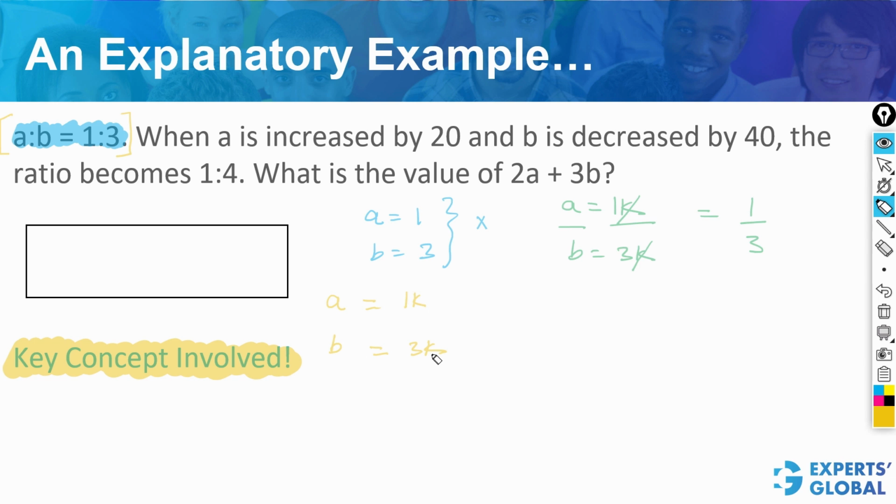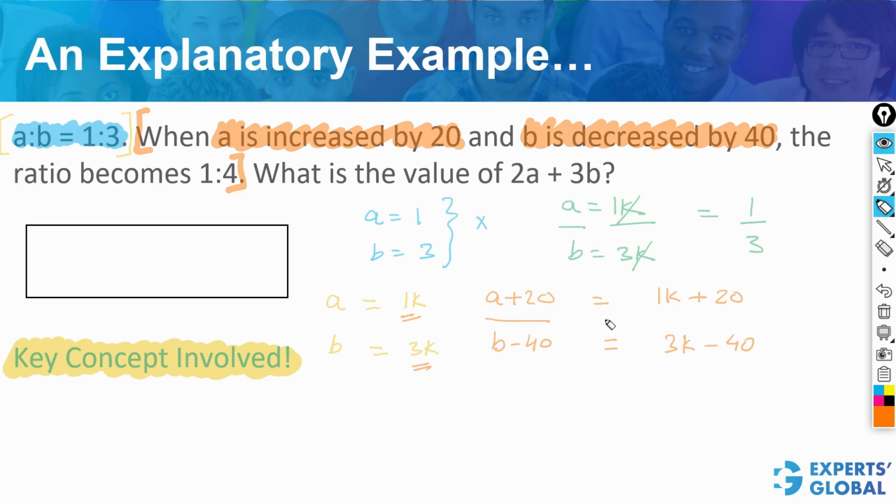Now let's see what's going on here. When A is increased by 20, so A plus 20, which is equal to 1k plus 20, and B is decreased by 40, so B minus 40, which is equal to 3k minus 40. See, A is 1k and B is 3k.